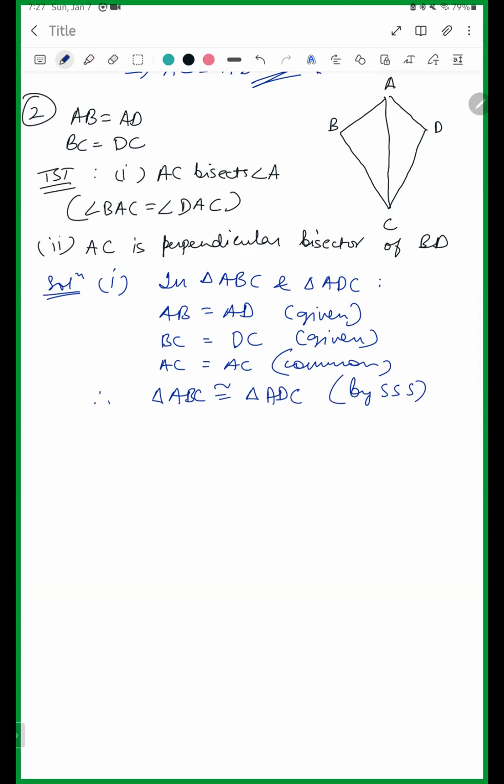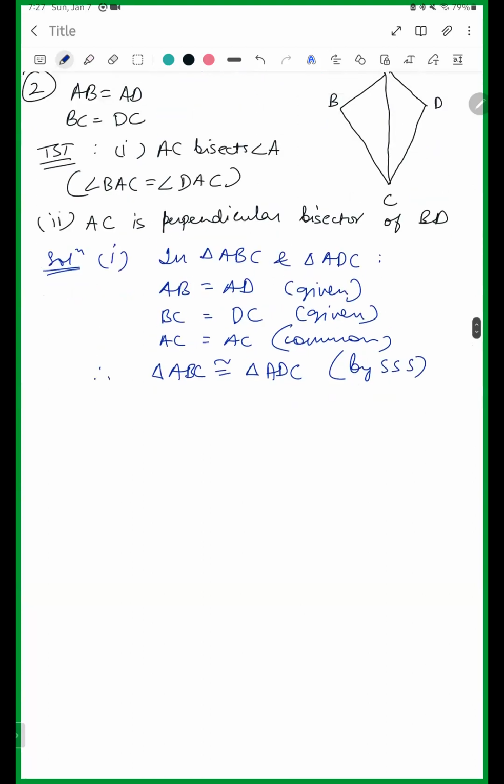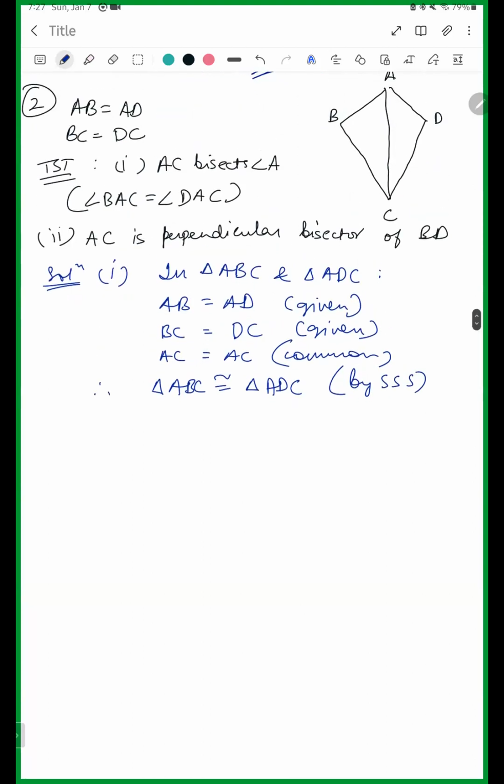Now once they're congruent, we needed to show AC bisects angle A. Therefore angle BAC is equal to angle DAC by CPCT, corresponding parts of congruent triangles are equal. So we have proved the first part.